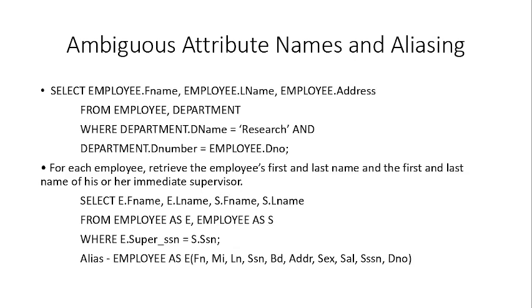Another case is where we need to select the employee name. This is a query: select employee dot F name, employee dot L name, employee dot address from employee, department where department dot D name is equal to research and department dot D number is equal to employee dot D number.